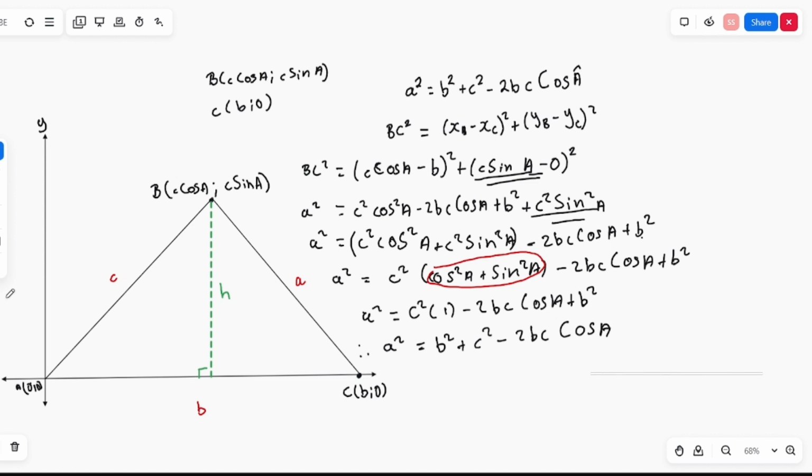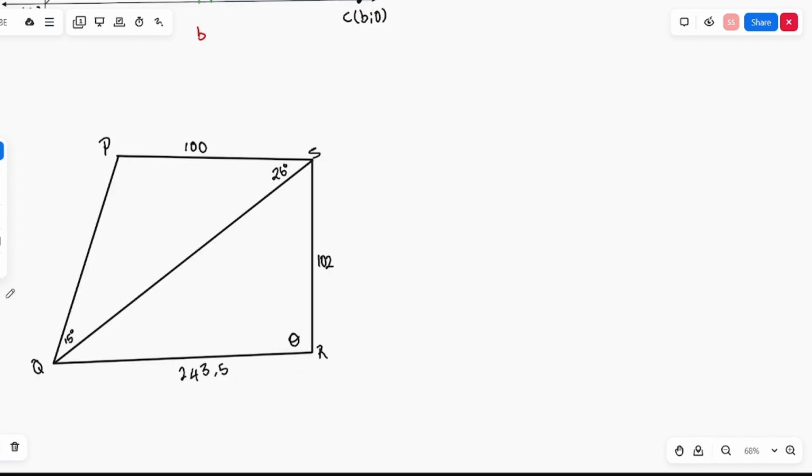So let's go to our example and see how we can go about using the cosine rule to solve any question. So in this question, my level 7 pioneers, we are also being asked to calculate the unknown, which is our angle theta here. First things first, we need to label our diagram.